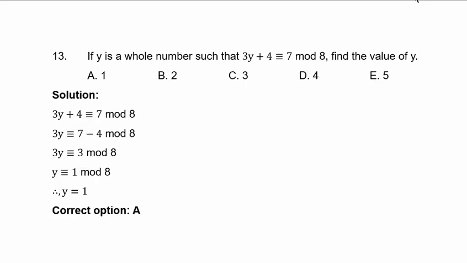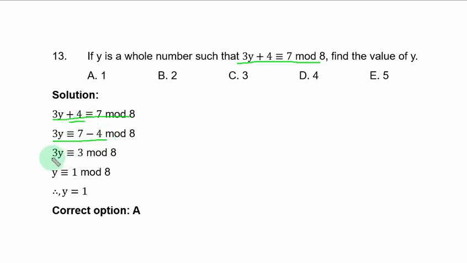Question 13. If y is a whole number such that 3y plus 4 is equivalent to 7 modulo 8, find the value of y. Solution. This is a given equation. You transfer plus 4 to the right and you have it in this form.